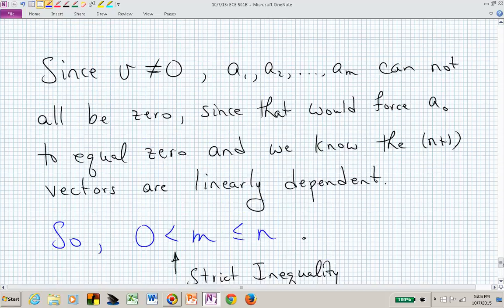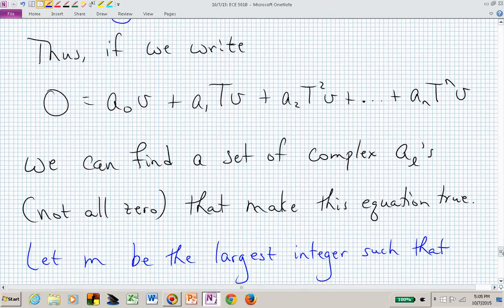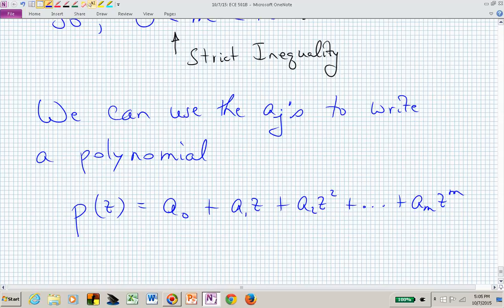Oh, wait a minute. What did we have? Let's create that polynomial to be all of these up through a sub n. So now let's keep this there.